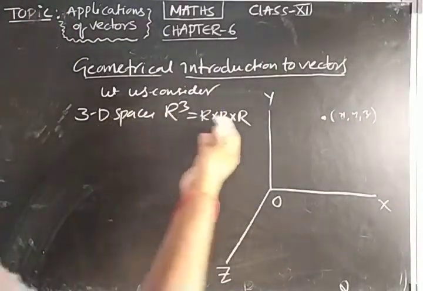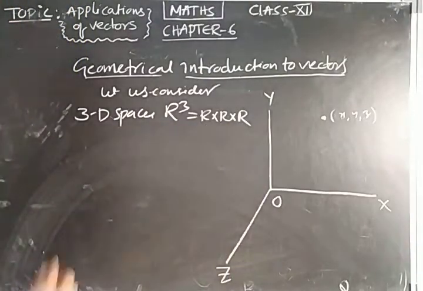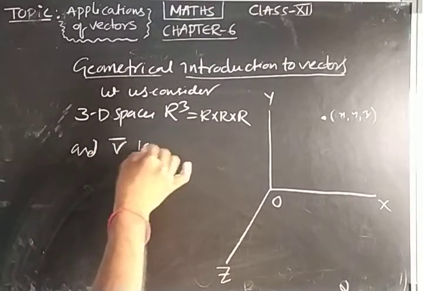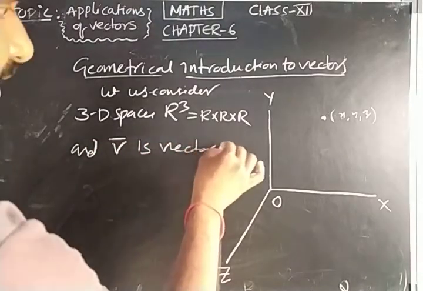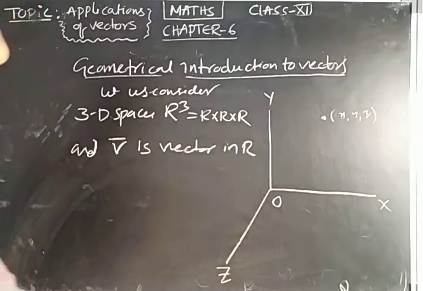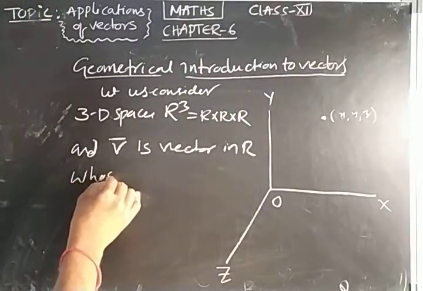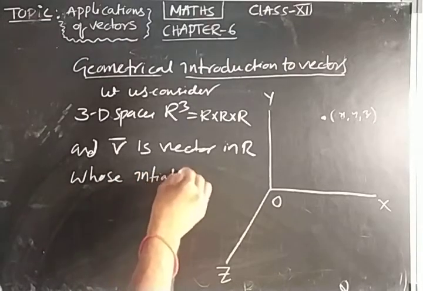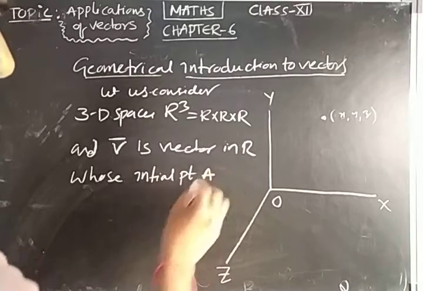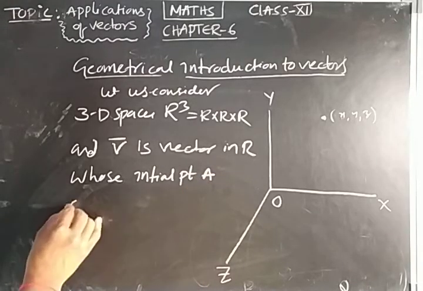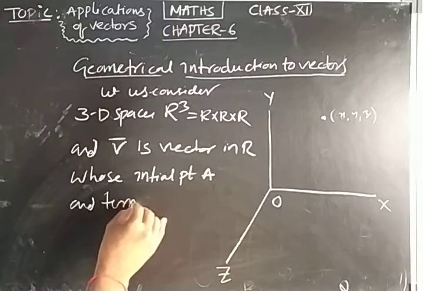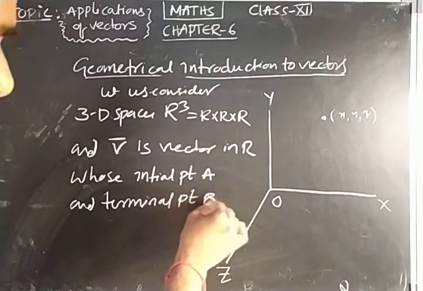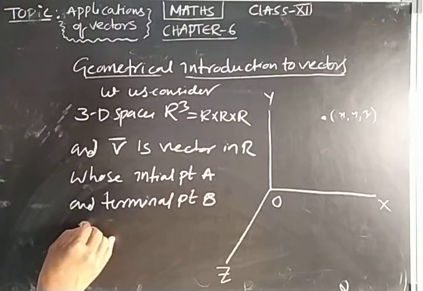Let us consider one 3D space R cube, and suppose I am taking one vector V bar in R cube, whose initial point I am taking as A, and terminal point B, and direction from A to B.